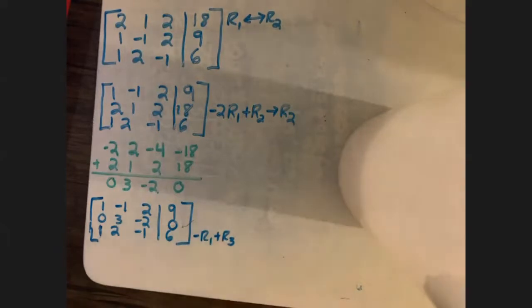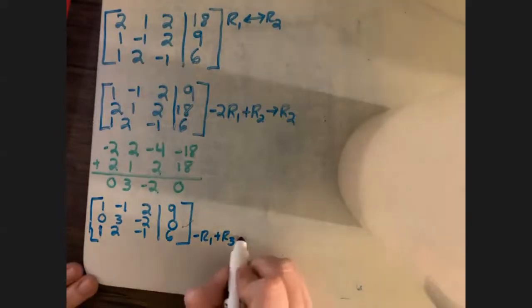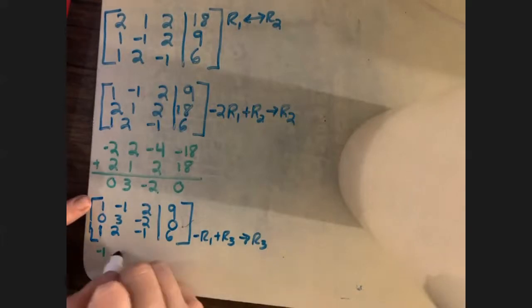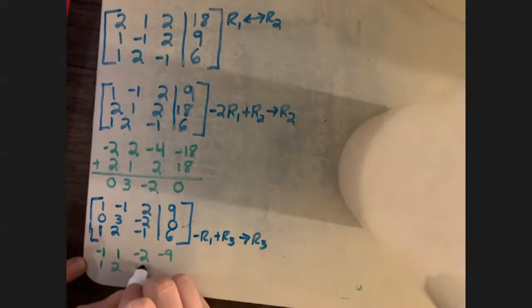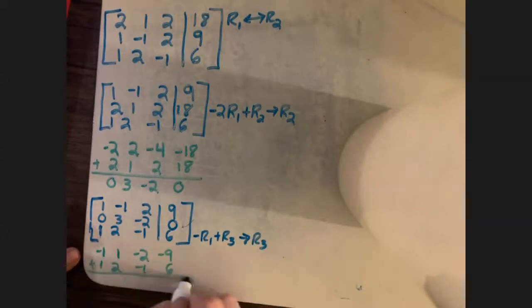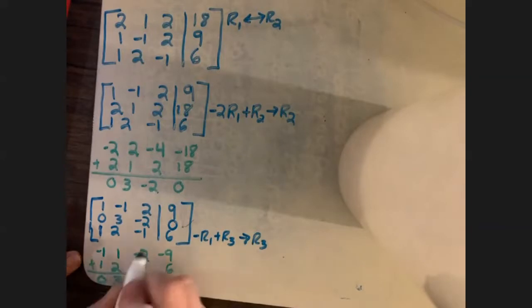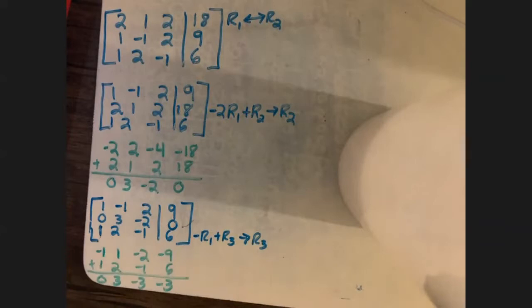I'm letting row 1 turn into that opposite amount, the same way we saw in elimination, and this is going to be my new row 3. So I'm going to write my math underneath. -1, 1, -2, -9, 1, 2, -1, 6. I'm going to add: 0, 3, -3, -3.